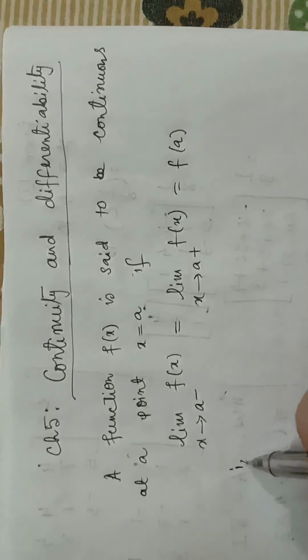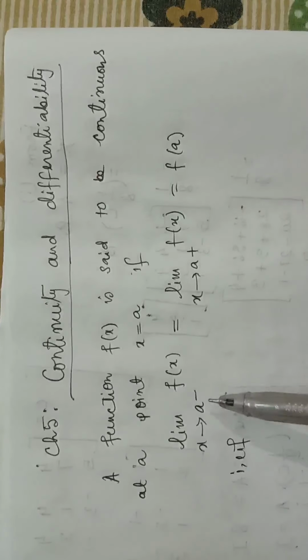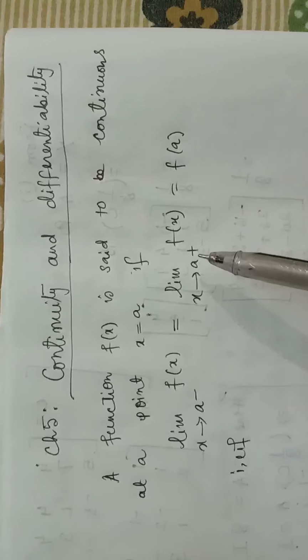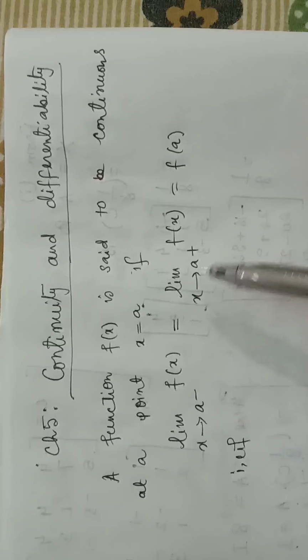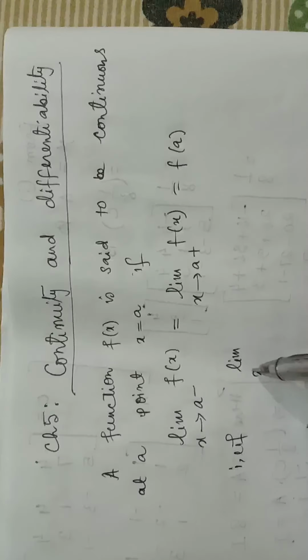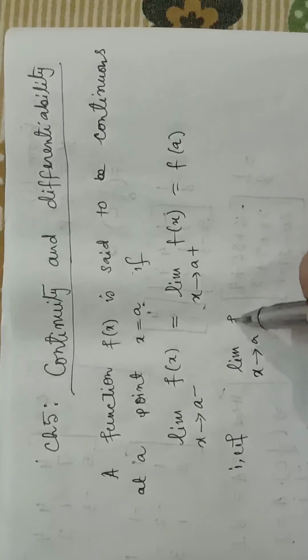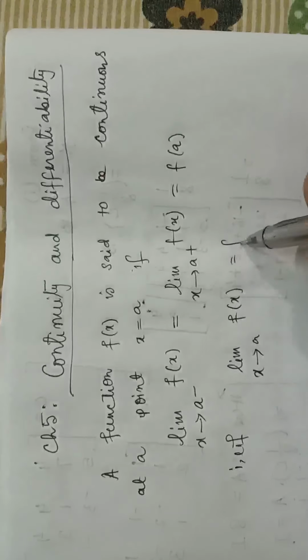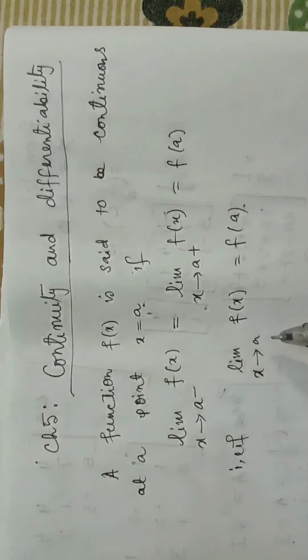That is, now we know, we got in class 11, if the left hand limit and right hand limit of a function at a point are equal, then we write the common value as limit x tends to a f(x) equal to f(a). These two are the same definition.